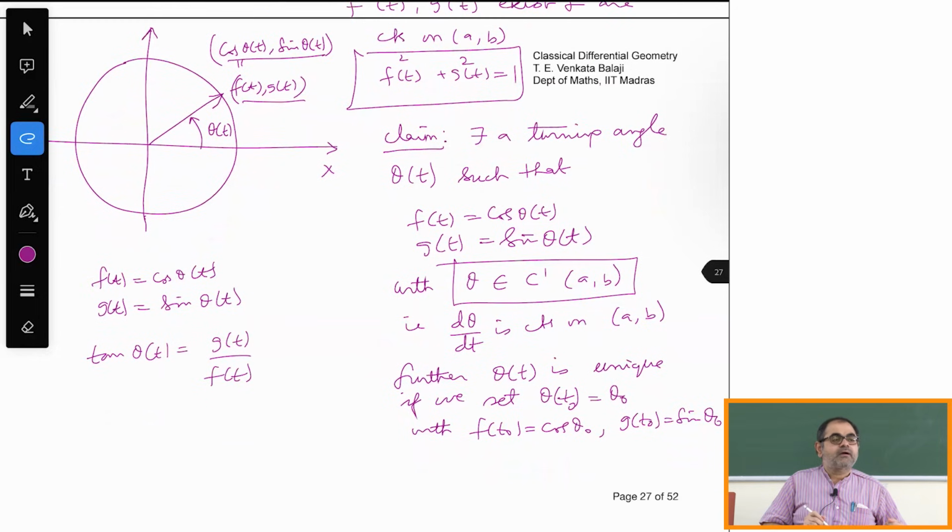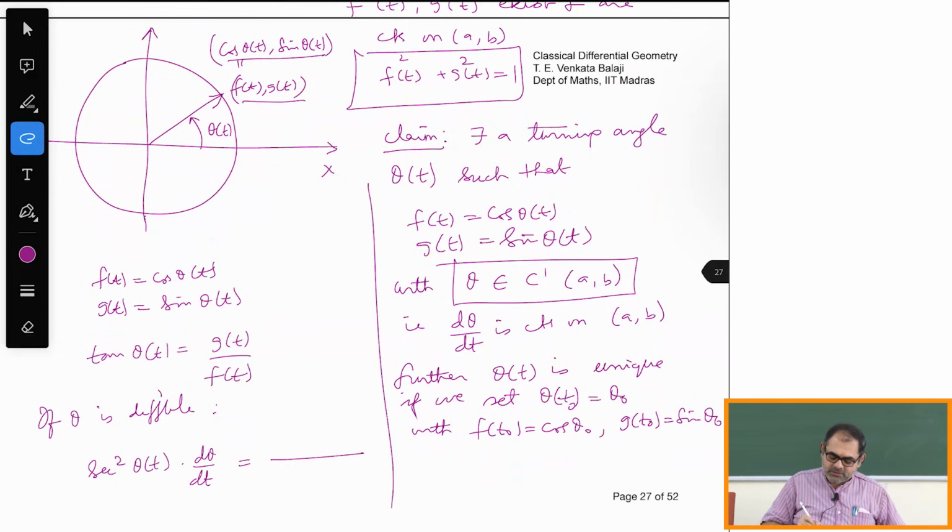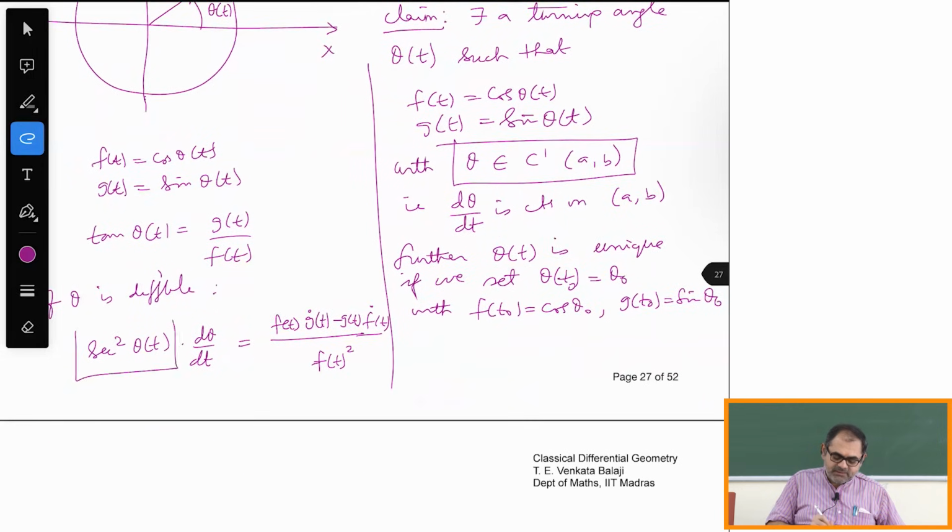Now for the moment assume that theta is differentiable. Then you do d by dt. What you will get is secant squared theta of t into d theta by dt equal to, here I will have to apply the quotient rule, so I will get f t squared in the denominator, and f t into g dot t minus g t into f dot t in the numerator. But secant squared is 1 plus tan squared, and tan is g by f.